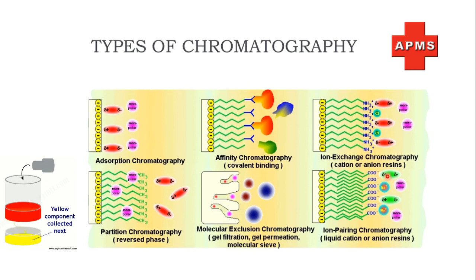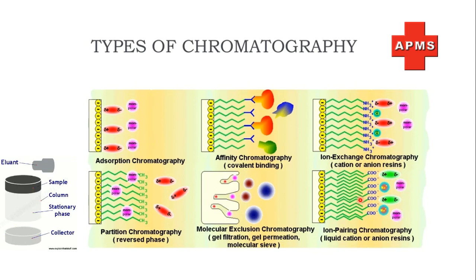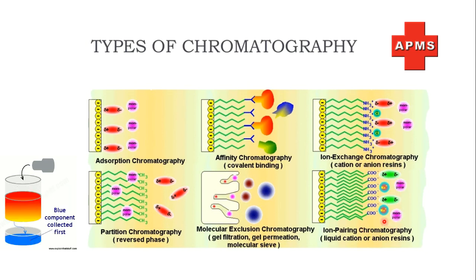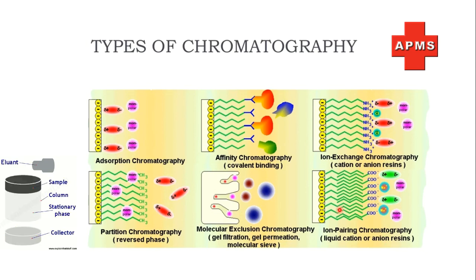Okay, cations which are present in the mobile phase, and these non-polar substances which are present in the mobile phase do not interact with this. So to separate or to remove these ionic or polar impurities from this non-polar substance, we can use this type of chromatography. So these are the various types of chromatography depending on the interaction between mobile phase and stationary phase.